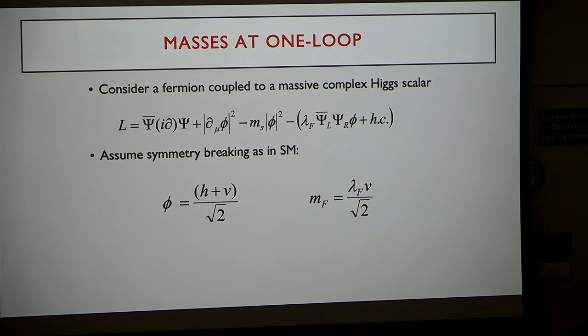I've just got a Lagrangian, which has a fermion psi bar D slash psi, D mu phi squared, a mass term for phi squared, and then a Yukawa-like interaction. So this is a simple way of looking at the standard model. I'll assume phi has a vev here, and the mass of the fermion is then lambda_f times v. This is a mock-up of the standard model, just for simplicity.